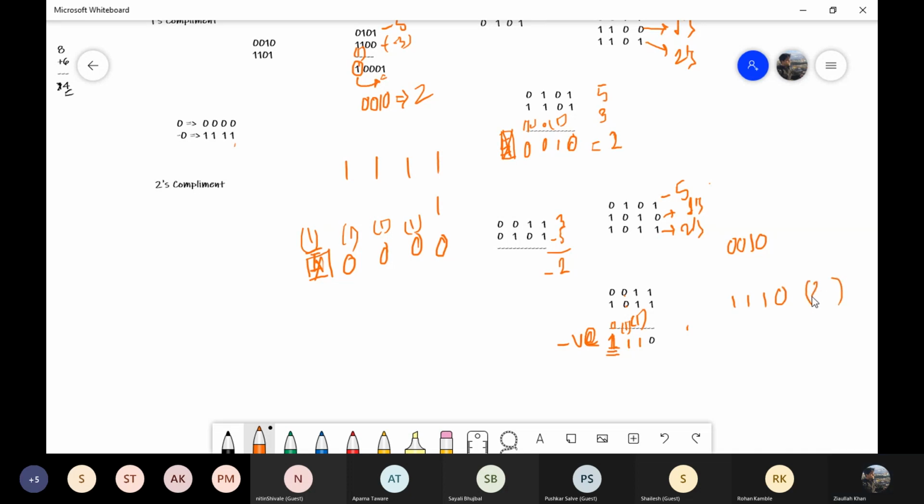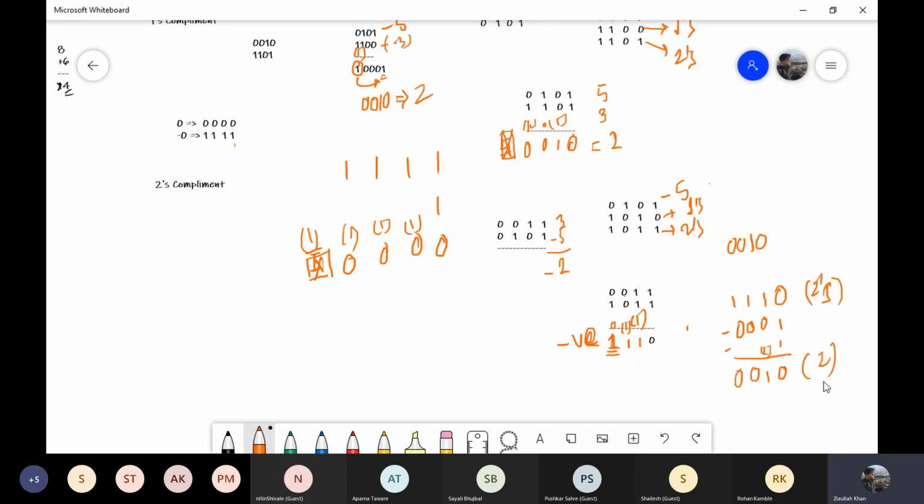And that is because this is 2's complement. If we take 2's complement of this once again, we are going to get back to our original result. So let's go ahead and do that. 2's complement is you flip all the bits, so 1 changes to 0, 1 changes to 0, 0 changes to 1, and then you add a 1 to it. When you add a 1, on these two numbers this becomes 0 and generates a carry.